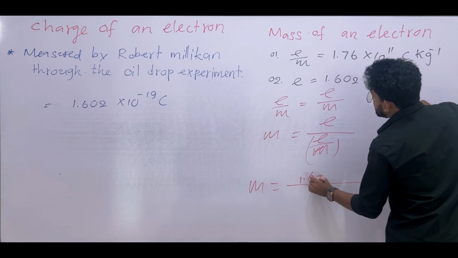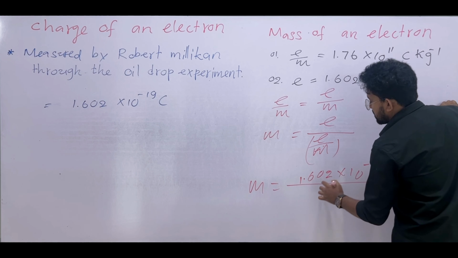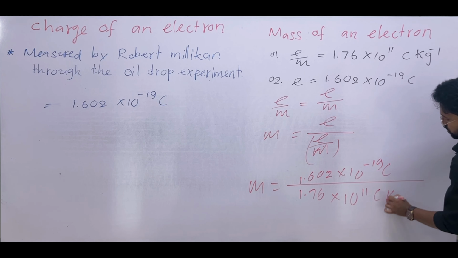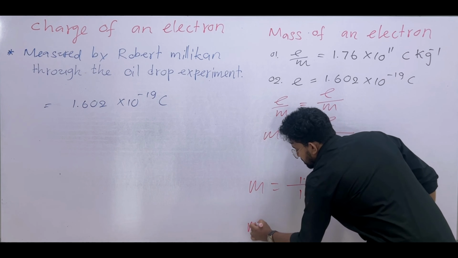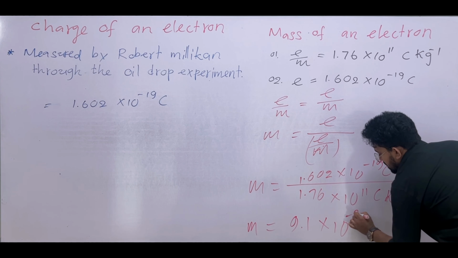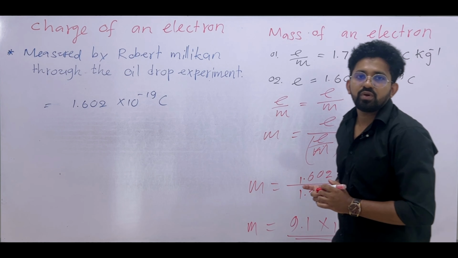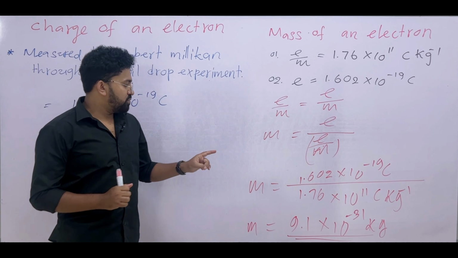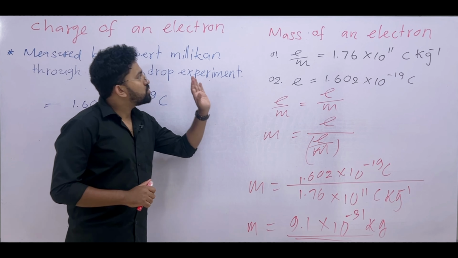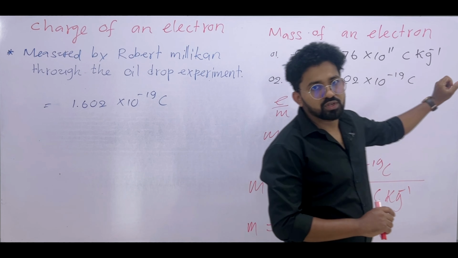The charge value is 1.602 × 10^-19 coulomb, divided by 1.76 × 10^11 coulomb per kilogram. We can simplify this to 9.1 × 10^-31 kilogram. So that is the mass of an electron. That is the thing about the charge and the mass of an electron.